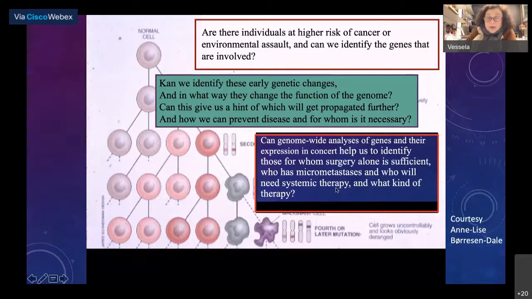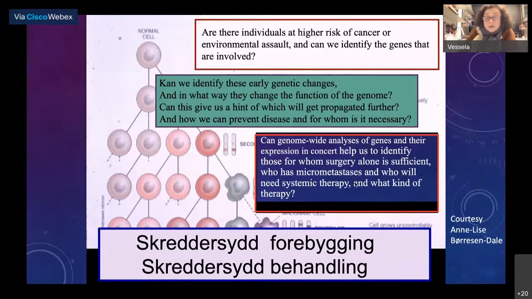Also, we know that in cancer, the local growth of the cancer is not really the lethal event, it is the metastases that are the lethal event. So how can we both detect and maybe stop the metastatic process in each particular patient?